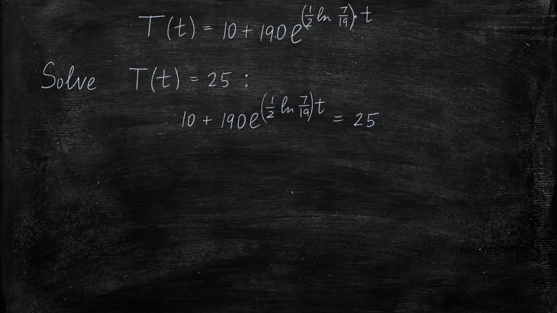So again, using our knowledge of algebra, we solve this exponential equation by isolating t. So we subtract 10 from both sides and then divide by 190. Then we take a natural log of both sides.